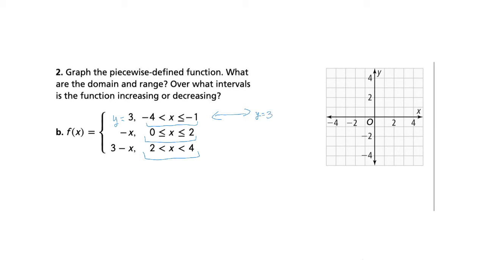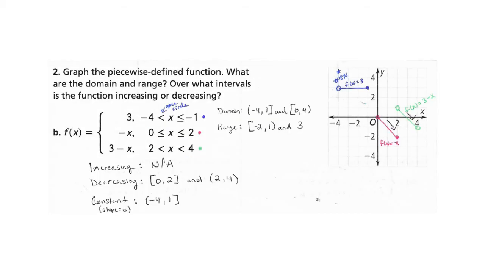This one has a slope of -1 and a y-intercept, which we call b, of 0. This one has a slope of -1 and a y-intercept b of 3. So that should help you with this. So try this on your own, pause it now, and then I'll go over the solutions.